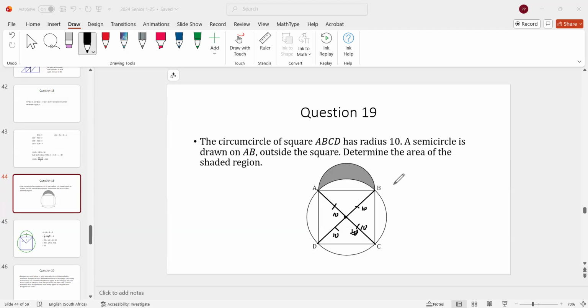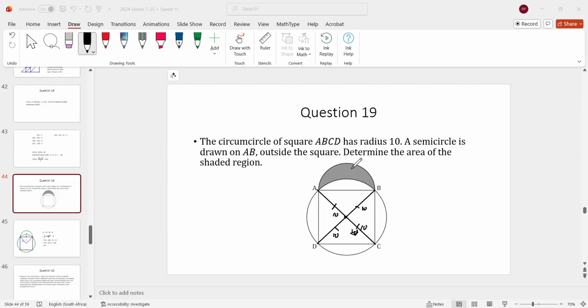A circumcircle is drawn on AB outside the square. So you've got a circumscribed circle, and we must determine the area of the shaded region. Now, these problems have some strangely shaped regions, but these shapes can be calculated by using known shapes and known areas.